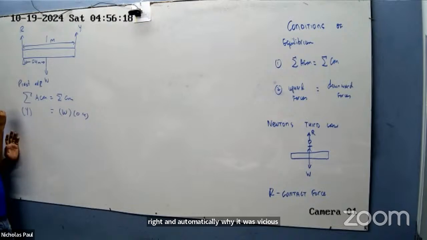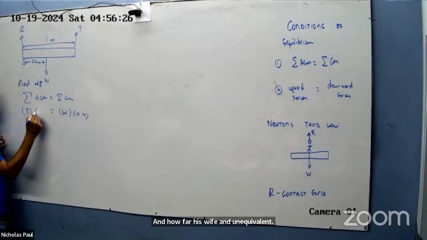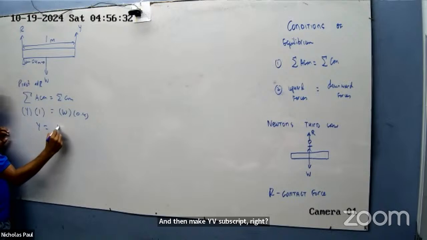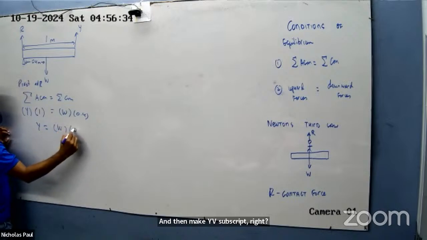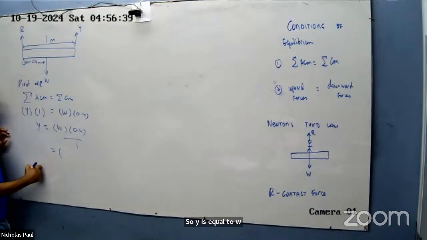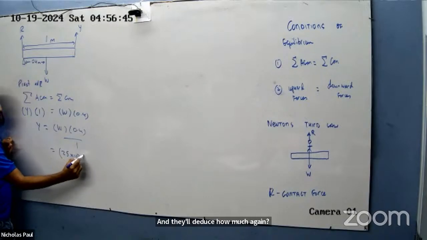And how far is Y from the pivot? You sure? Pivot is here. Then make Y the subject, right? So Y is equal to W by 0.4 all over 1. And W is how much again? So it's 25 by 10 by 0.4.